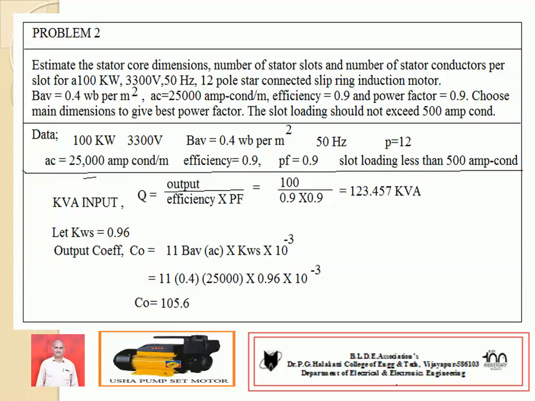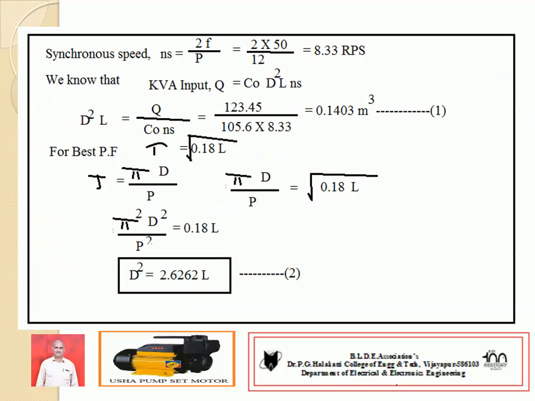This value we are going to get around 105.6. You go on substituting the values and calculating. Second, I have to calculate synchronous speed ns equal to 2f by p. You substitute the values and get 8.3 revolutions per second.